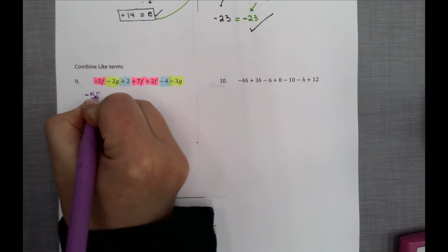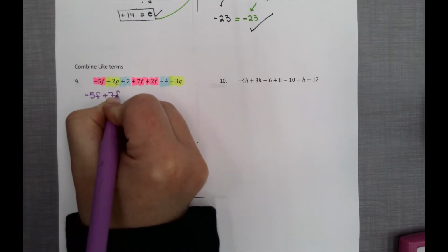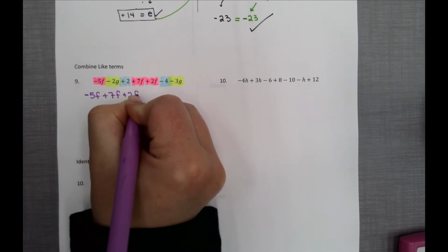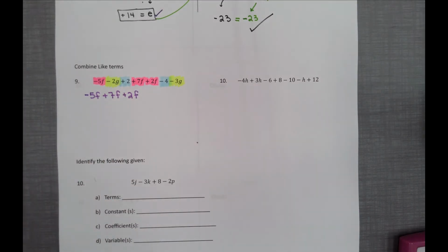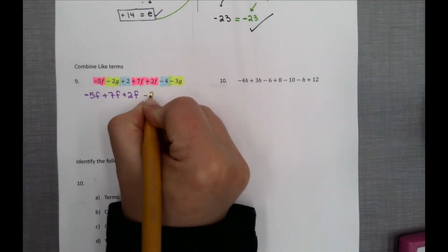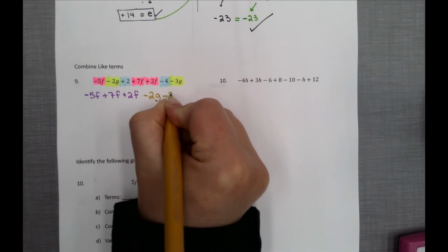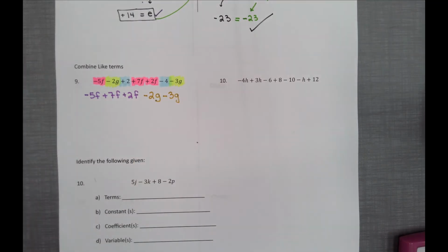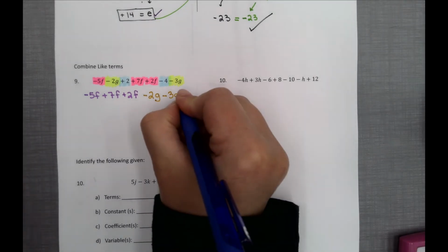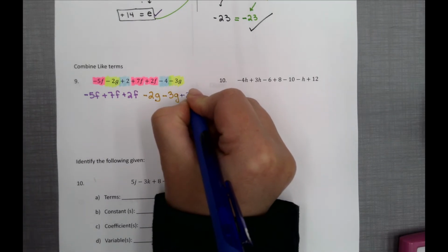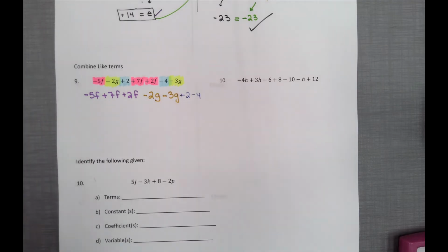Negative 5F plus 7F plus 2F. Then I have negative 2g minus 3g. And lastly, I have a positive 2 and a negative 4.